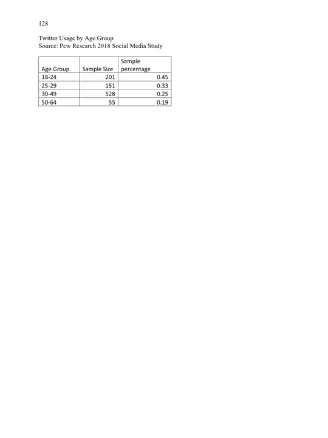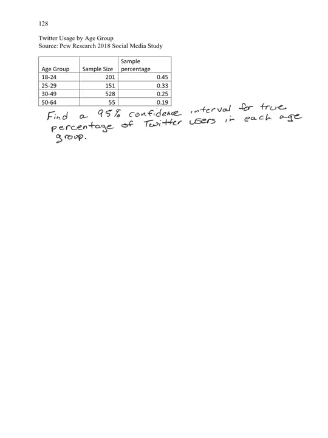So what we can do is find a confidence interval for the true percentage of Twitter users for each age group separately. Find a 95% confidence interval for the true percentage of Twitter users in each age group, and I'm going to start with my own age group of 50 to 64-year-olds.